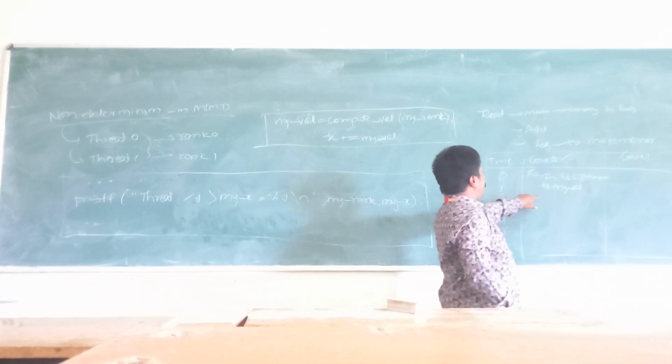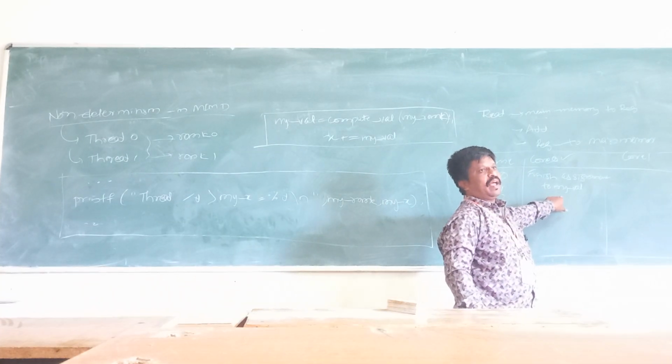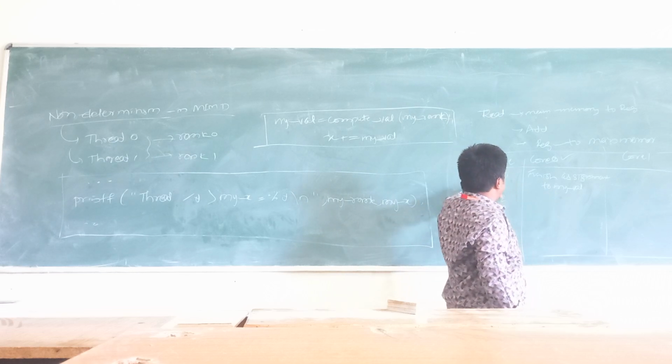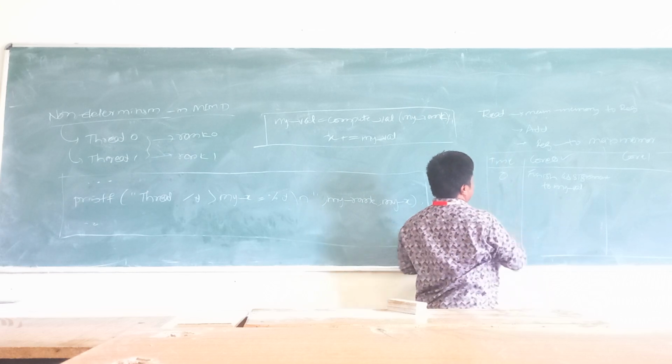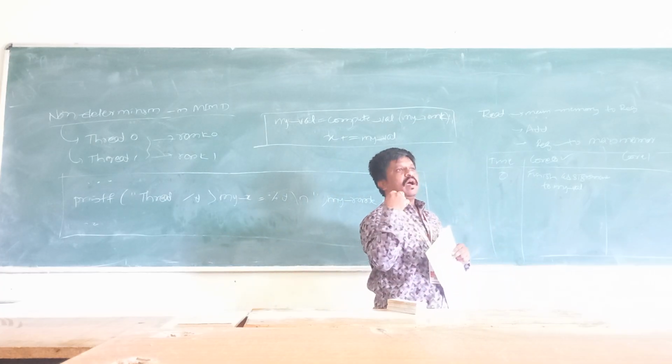One variable is my value, to which we are assigning some values in the period of time 0. In the period of time 0, we are assigning the values to the variables.